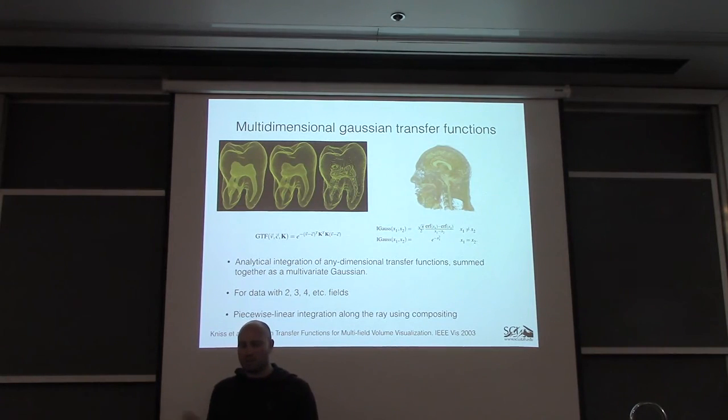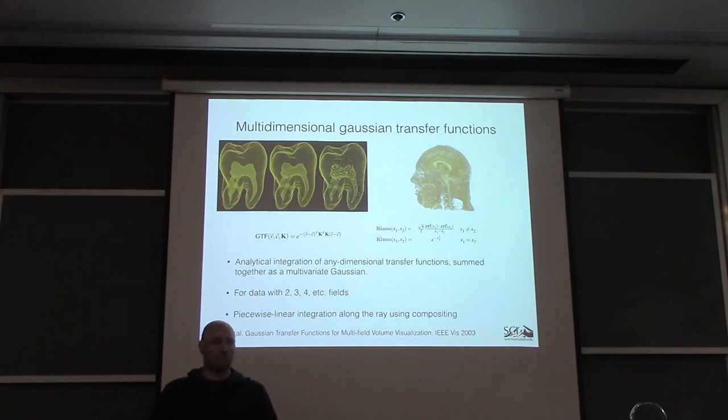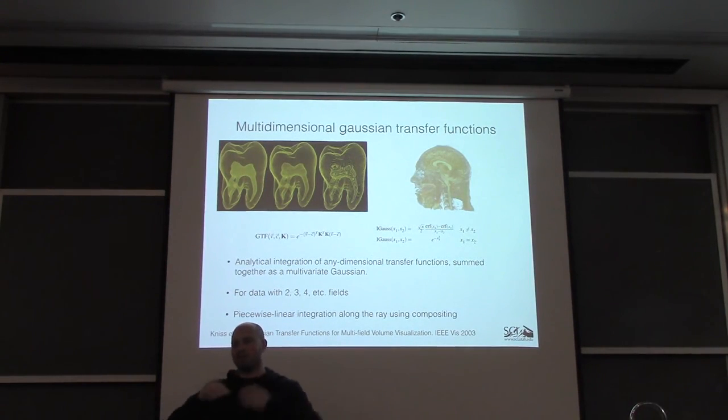But there are extensions of this work or related work that deal with how to apply these techniques to multi-field data sets. And in multi-field visualization, it actually gets much more complicated because all of a sudden, well, first of all, you have more fields. And second of all, you don't really have any inherent relationship between the value of one field and the value of the other. Sometimes it exists, but you sort of have to figure that out on your own.